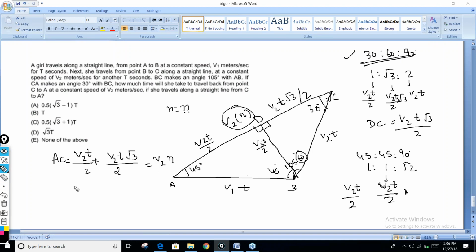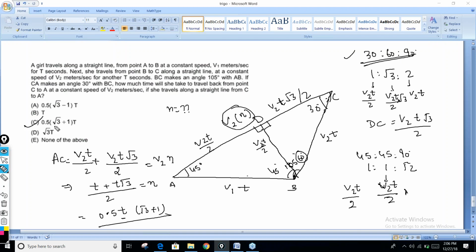What I'm trying to find out is the value of n in terms of t, because options are given in terms of t only. So v2 will be cancelled. What is left out? t plus t root 3 upon 2. That is the value of n. So what is the answer? The answer is 0.5 t into root 3 plus 1. 1 by 2 is 0.5, t is common and that is root 3 plus 1.